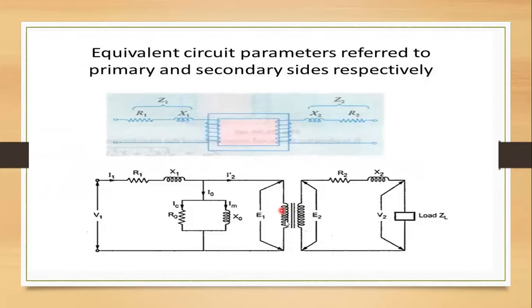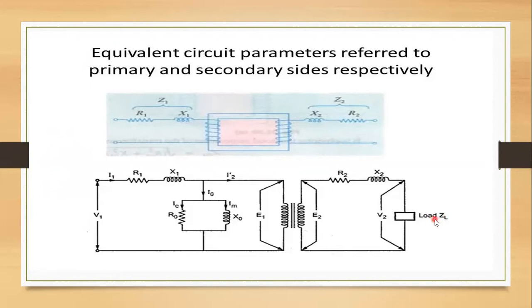N1 is the number of turns in the primary winding, N2 is the number of turns in the secondary winding, and R2 is the secondary winding resistance of the transformer. X2 is the leakage reactance of the transformer winding on the secondary side, and V2 is the load voltage of the transformer, and ZL is the load impedance of the transformer.